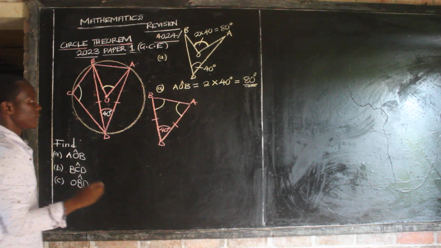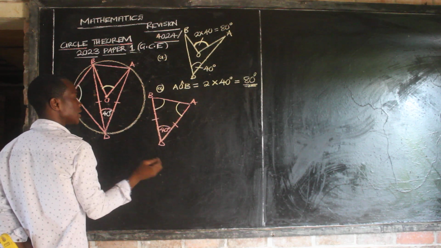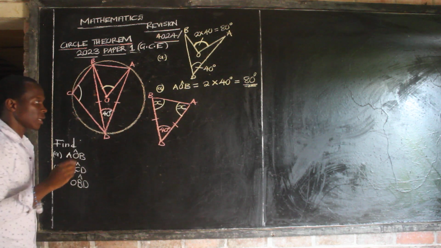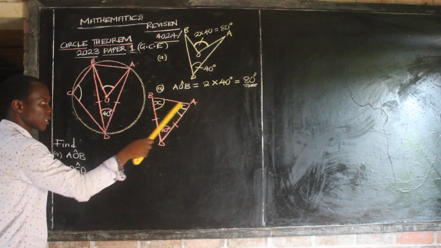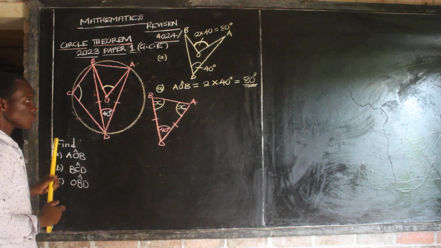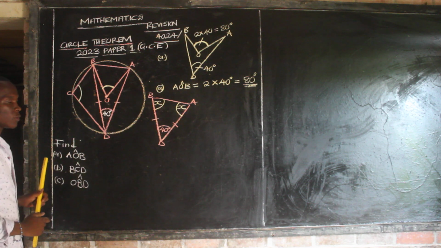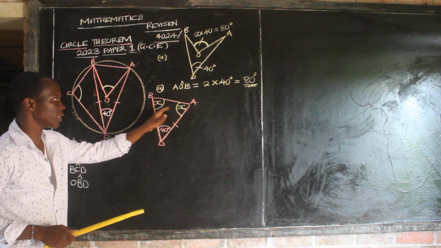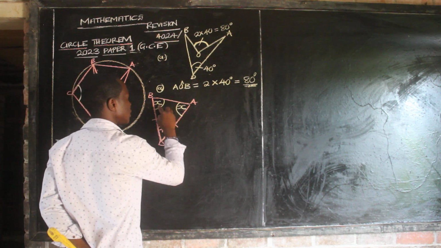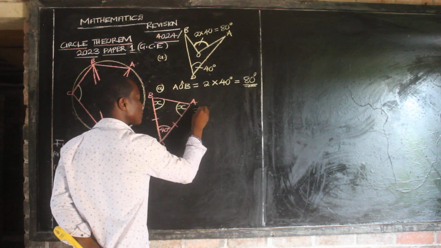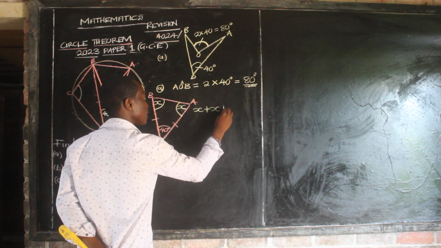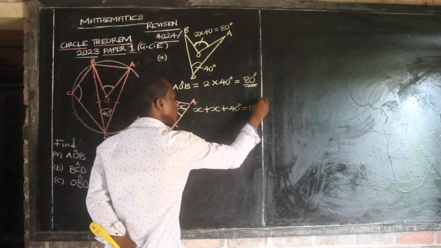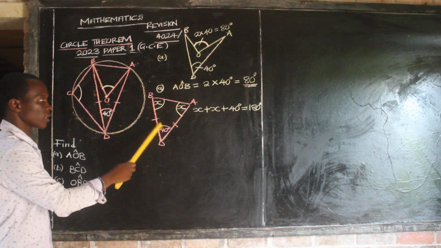Since we don't know these two angles, let's just say this is x. Since they are equal, this one is also x. These are the two base angles of this isosceles triangle. So now, let's find x. We know that the sum of interior angles of a triangle add up to 180. So x plus x plus 40 degrees is equal to 180 degrees.